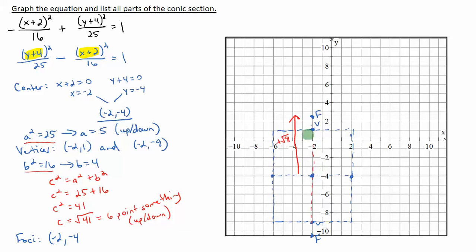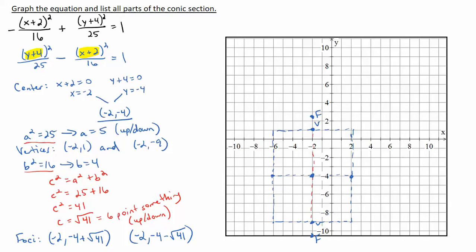So I'm going to take negative 4 plus the square root of 41, and all of that together is my y coordinate. Similarly, my second focus has an x value of negative 2. It's down here. And its y value is going to be negative 4 minus the square root of 41, because I went down square root of 41 units. And those are my two foci.